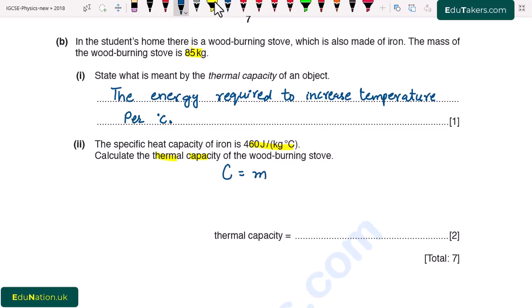It will be product of mass and specific heat capacity. So it will be 85 kg multiplied by 460, and it comes to be 3.9 into 10 to the power 4 joule per degree C. So the value of thermal capacity will be equal to 3.9 into 10 to the power 4 joule per degree C.